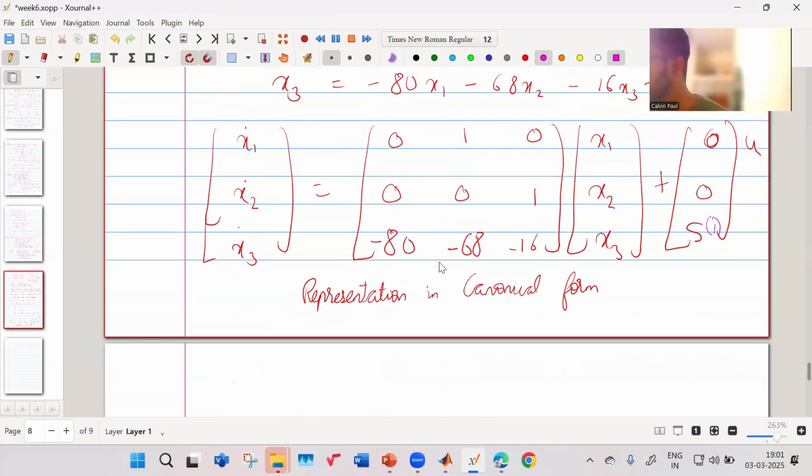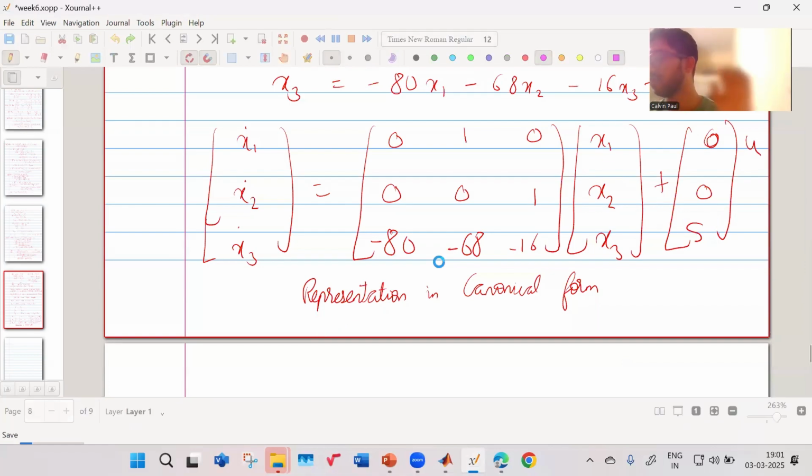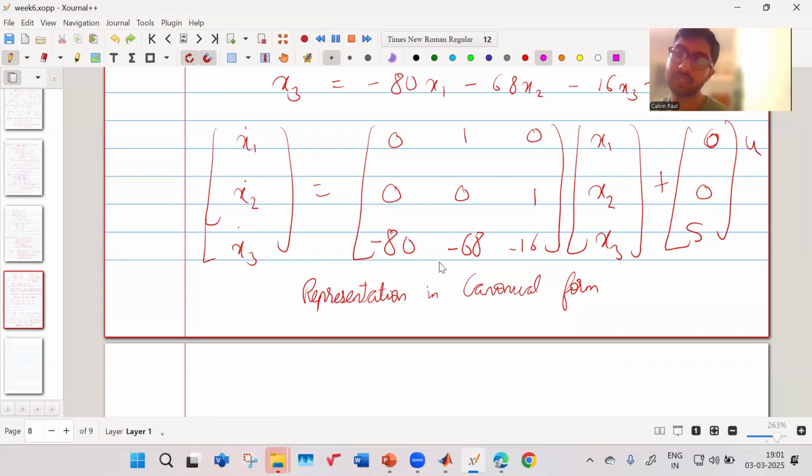This should ideally be 1, and your y will change then. Y in that case will be equal to 5 into x1. But let it be in this format, and let us try the pole placement now. So we have got it like this.